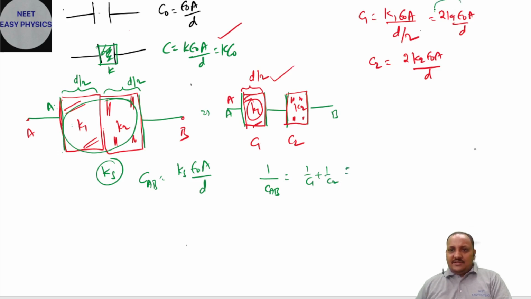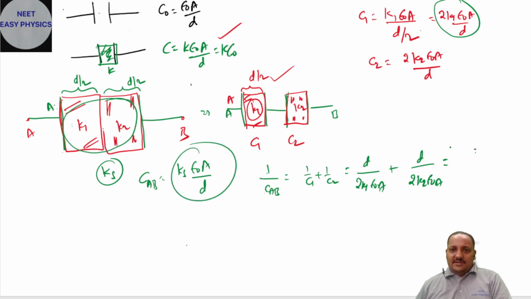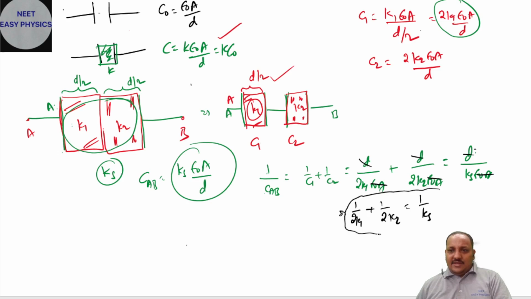So, D by 2K1 epsilon naught A plus D by 2K2 epsilon naught A equals 1 by CAB, which is D by Ks epsilon naught A. If you cancel D by epsilon naught A, what remains is 1 by 2K1 plus 1 by 2K2 equal to 1 by Ks.